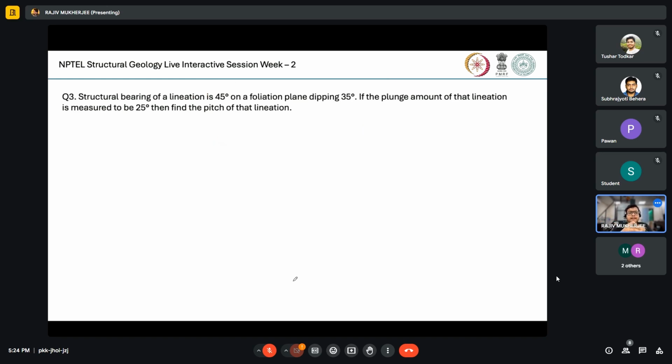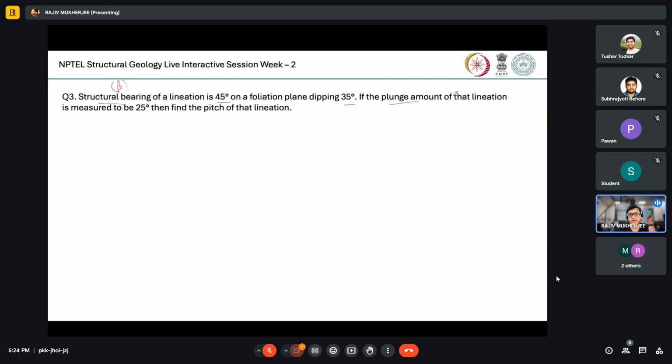Okay. The third question involves a structural bearing of a lineation of 45 degrees. Structural bearing means we are directly talking about the beta angle, and that is given as 45 degrees on a foliation plane dipping at 35 degrees.